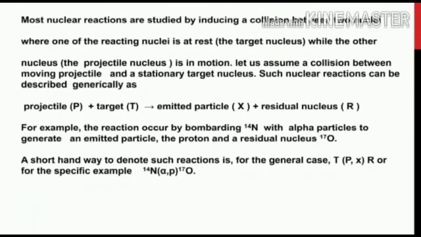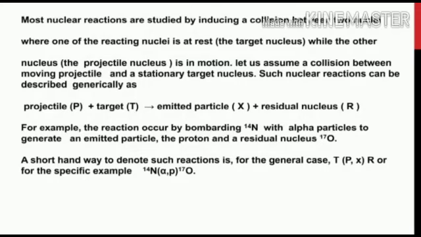Let us have a look at how to write the notation for a nuclear reaction. Most nuclear reactions are studied by collision between two nuclei. One of the nuclei is at rest, it is the target nucleus, while the other nucleus is in motion.